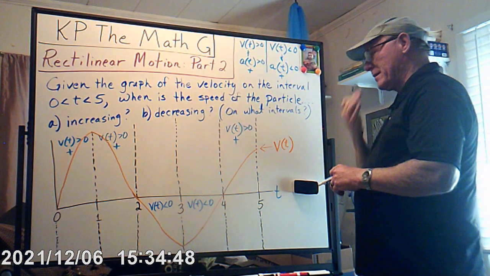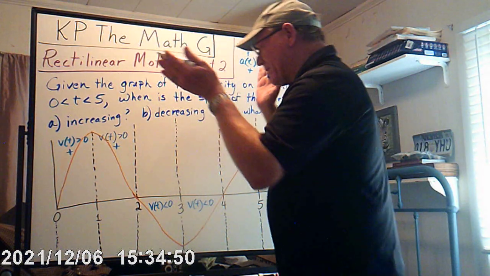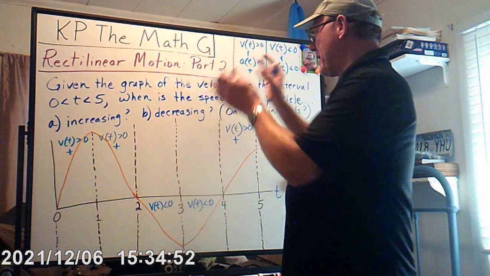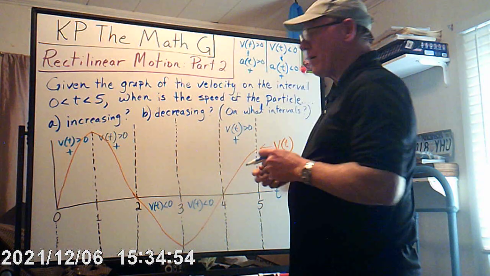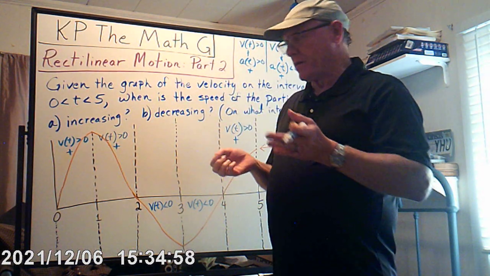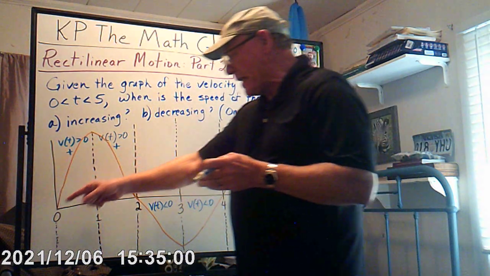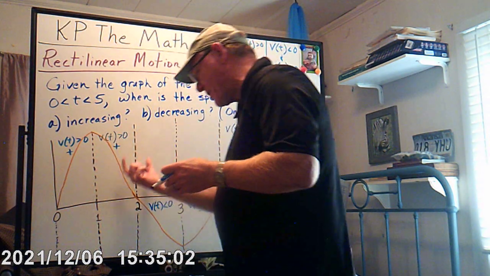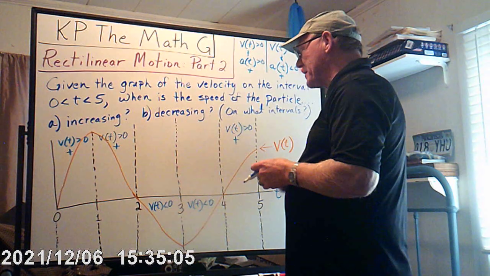Well, let's take a look at this. I'm not going to even graph the acceleration equation. All I'm going to do is in between each of these intervals, we're going to look at the slope.